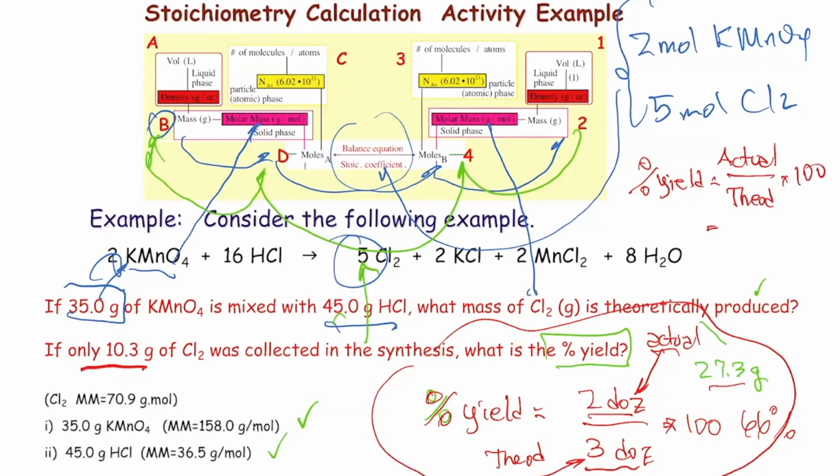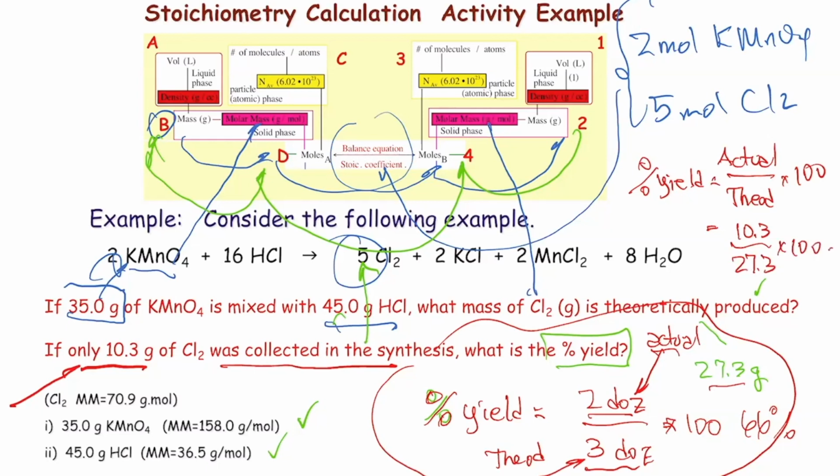So that's just the actual 10.3, collected in the synthesis. This number has always got to be less than 100. If it's more than 100, guess what? You could win the Nobel Prize. You just invented matter. It's not the case. 10.3 divided by 27.3 times 100.